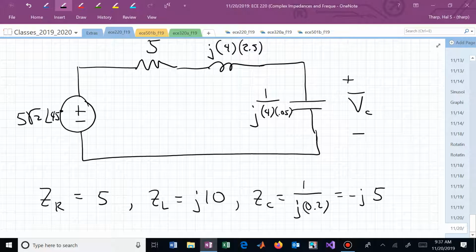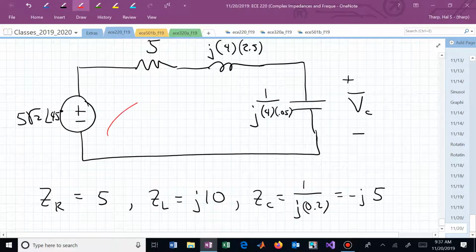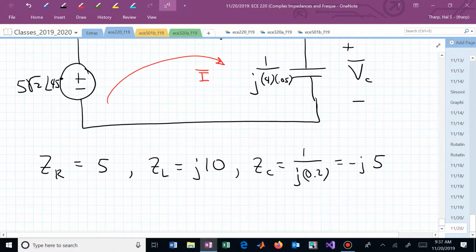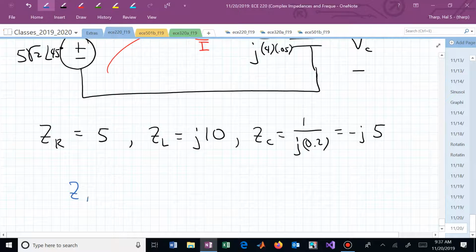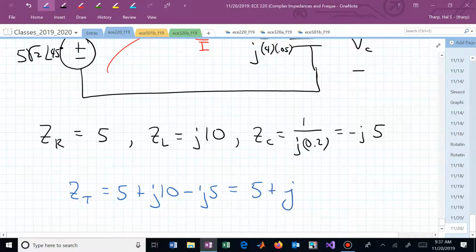So now the total impedance seen by this current is the combination of those three series impedances, and that's 5 plus j10 minus j5. Wow, that looks familiar. It has the same complex number associated with it as the source's phasor did. This again is 5 square root of 2 at 45 degrees.